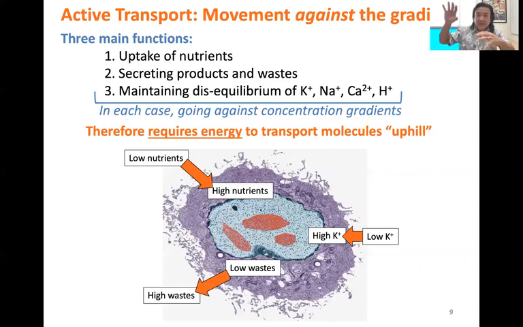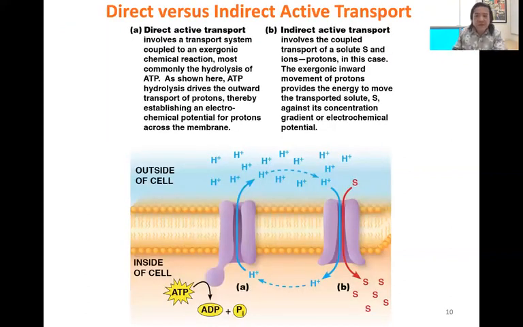It's because oftentimes what the cells are trying to do is create gradients that it can take advantage of later. And we'll look at that in a couple slides. Important thing to keep in mind, anytime you're moving something against this gradient, it's going to require energy to move things uphill. So let's look at this example here.